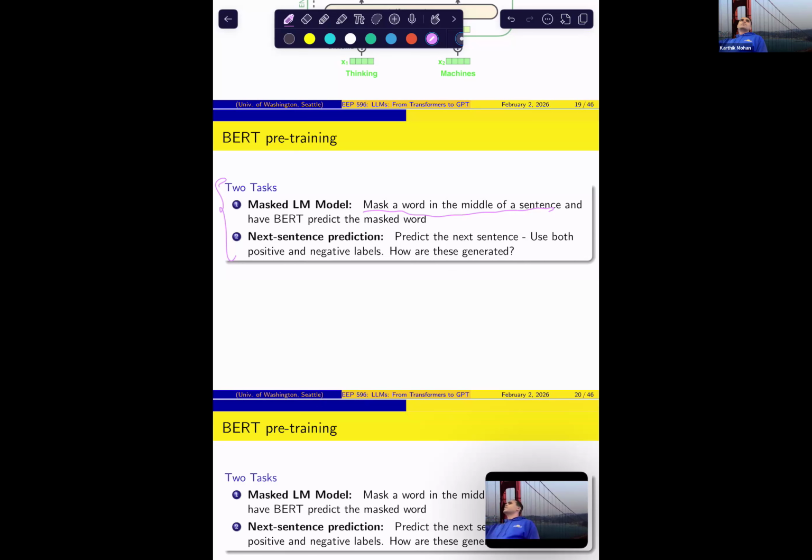Because you have to understand the full sentence and not just what came before the blank, right? So it does force the model to be bidirectional. Correct, yes. BERT stands for Bidirectional Encoder Representations from Transformers, right? So the bidirectional is, yeah.